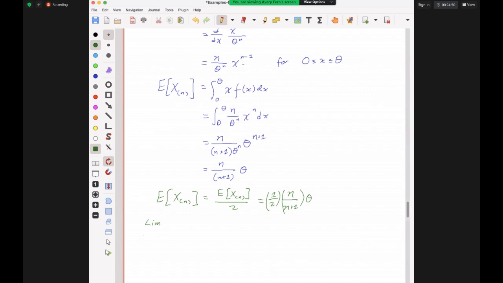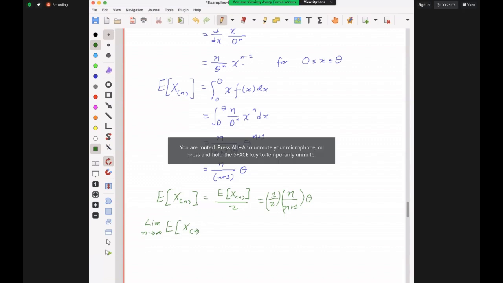So what we're looking at for asymptotic unbiasedness is whether the limit as n approaches infinity of the expectation of, oh, I'm sorry, this should have been mu.